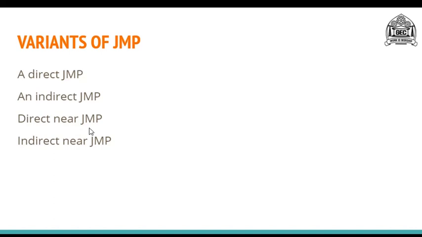Next variant is indirect near jump. So indirect near jump is similar to indirect jump. It uses the address which is given through the register or through the memory operand. But over here it also makes use of a third factor, that is a displacement.